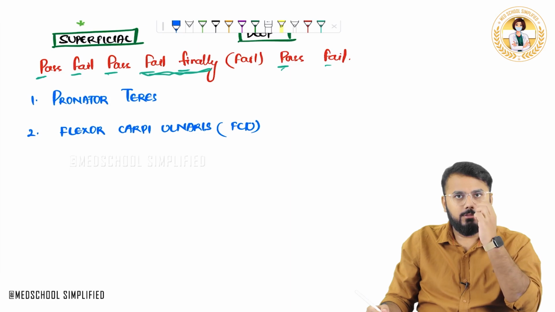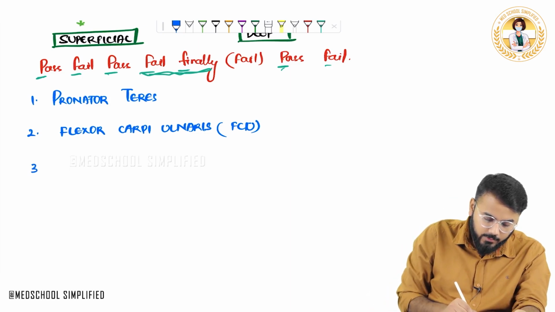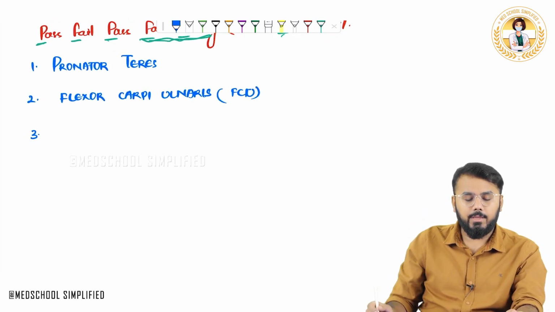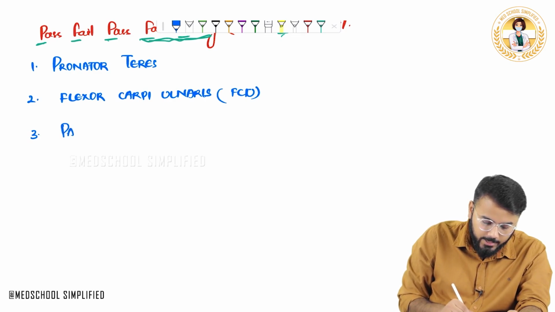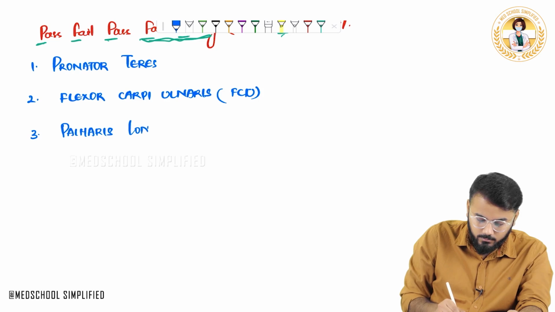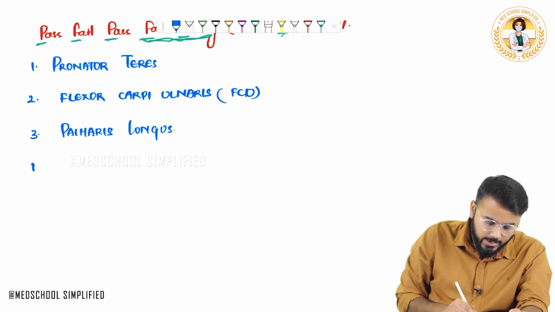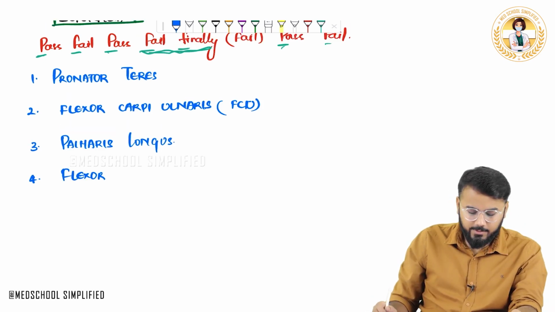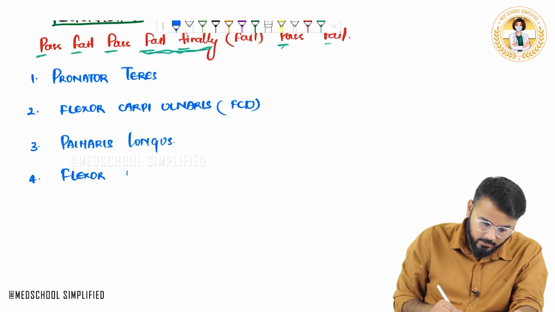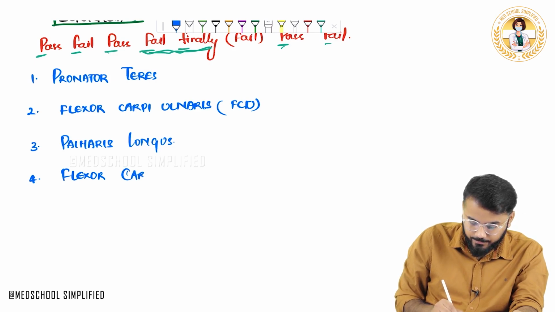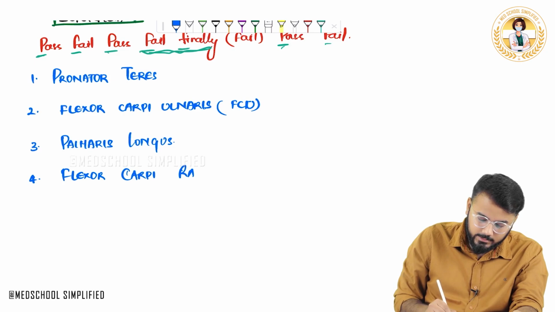After that, you have the third one, P. P stands for palmaris longus. Next you have F. F stands for flexor carpi radialis.